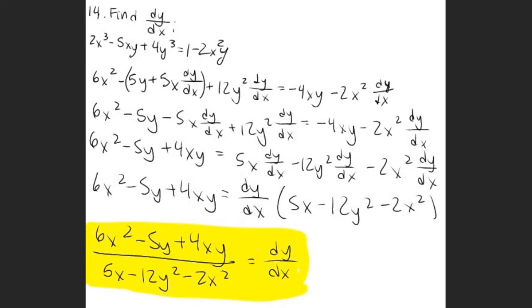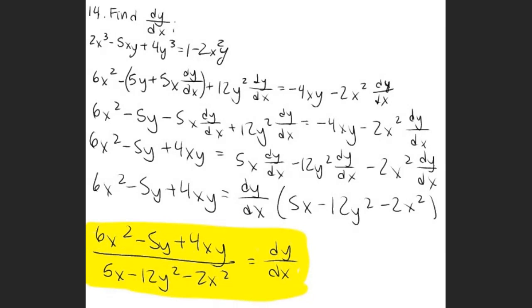Can you see that? Yeah, so this is 14. For 14, you're told to find dy over dx, and then they give you the equation 2x cubed minus 5xy minus 4y cubed equals 1 minus 2x squared y. Basically what you want to do is differentiate both sides of the entire equation in terms of dx.